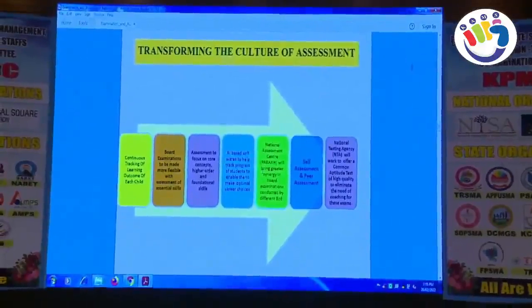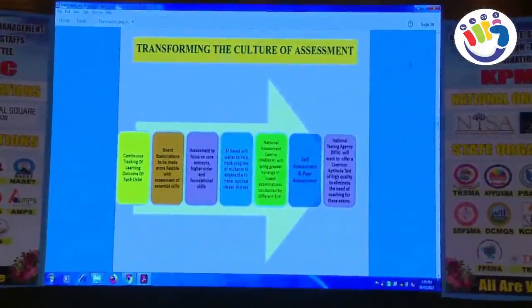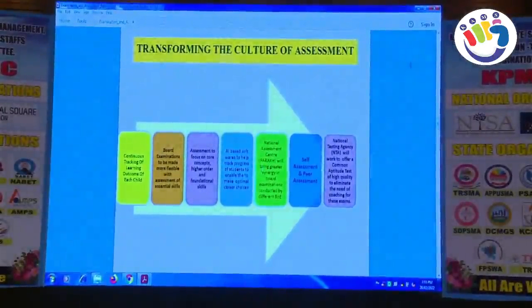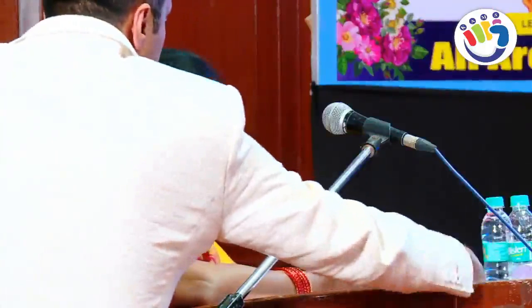If you have gone through PARAKH, I think it's one of the best initiatives the central government has taken. It will bring greater synergy in board examinations conducted by different boards.